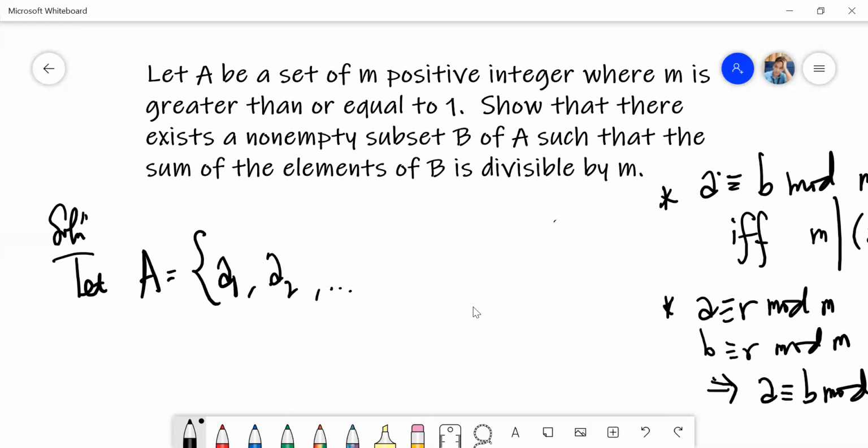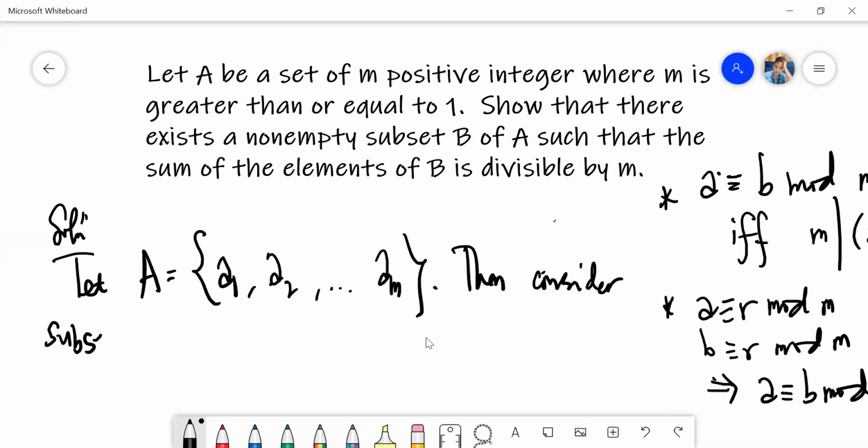Remember the statement, it contains m positive integers, so we go only up to Am. Then consider subsets of A. What are the possible subsets of A?